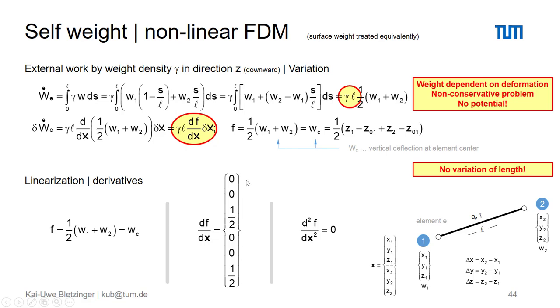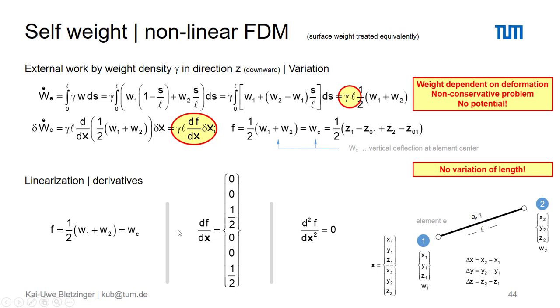So derivative with respect to x1, y1, z1, x2, y2, z2. And as our F, this abbreviation of the deflection, is only referring to the vertical coordinates z, the entries for x and y for the first and the second node are 0, of course.